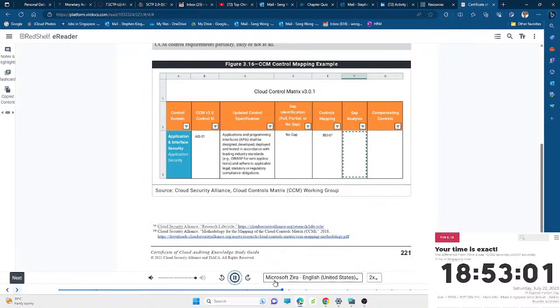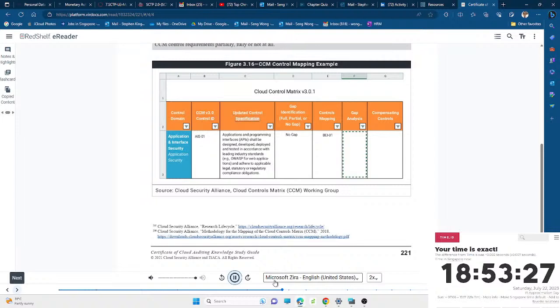Figure 3.16 CCM Control Mapping Example. Application and Interface Security, Application Security, AIS-01. Control domain: CCM v3.0 control ID.